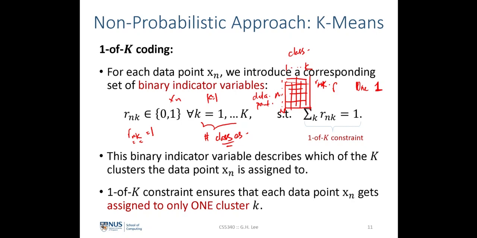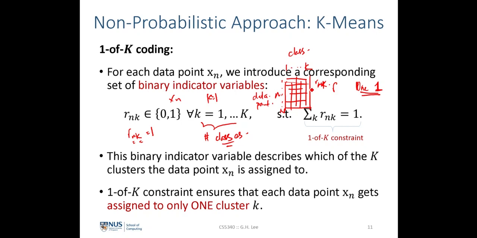The intuition is that for every data point that I have, I can only assign it to one out of the K classes, because there's only one 1 in the whole row.